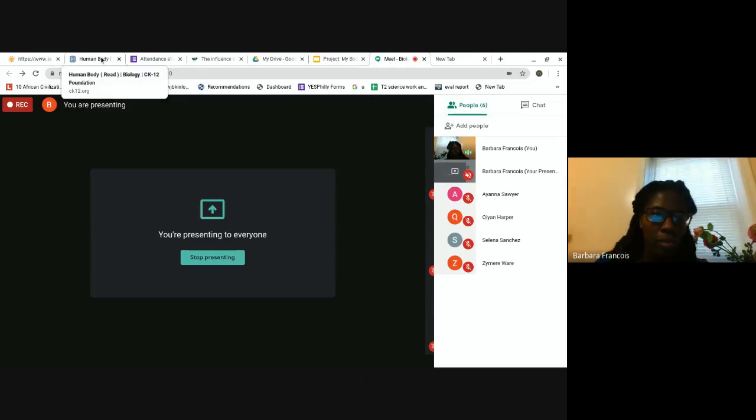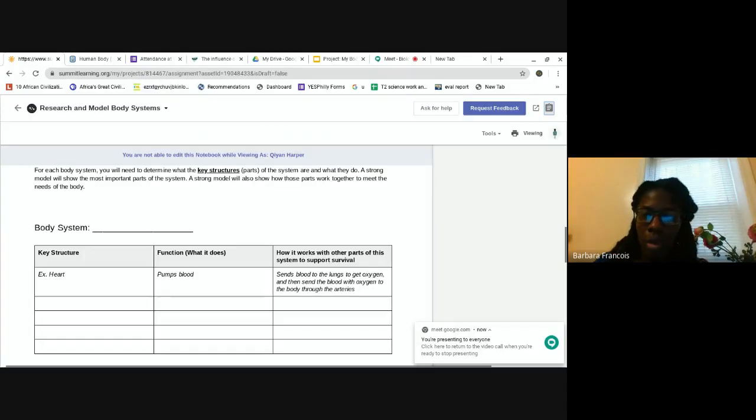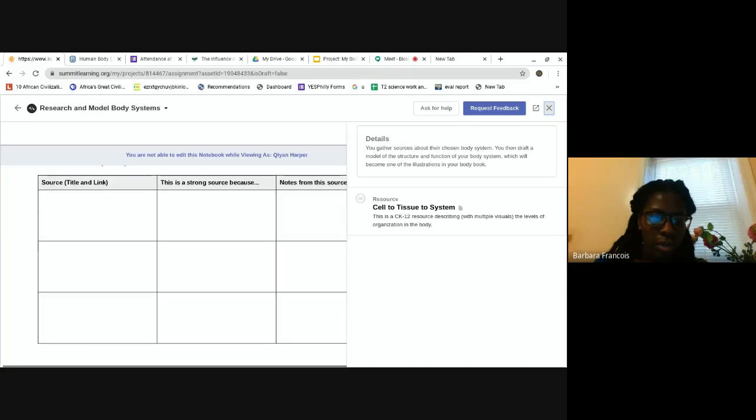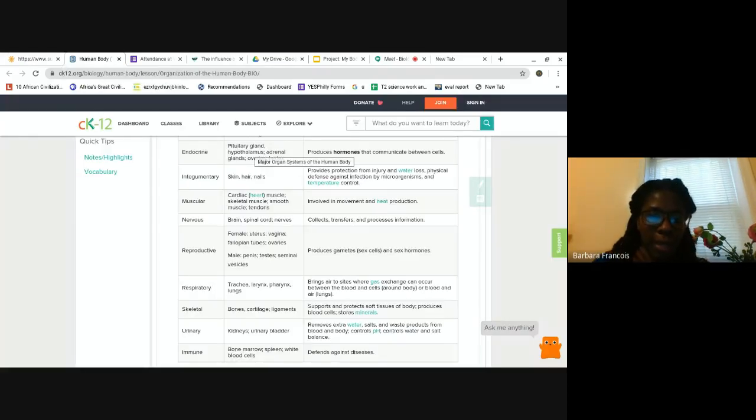And this resource right here that is on your checkpoint, you click on this, and it should be your first resource. Tell me why it's a good resource and the notes that you got from it. And then you go to Google and you search two more resources related to your organ, to your system, right? Whatever system you're doing.